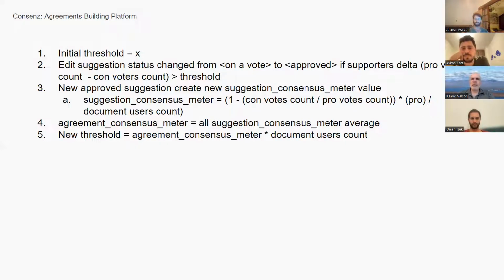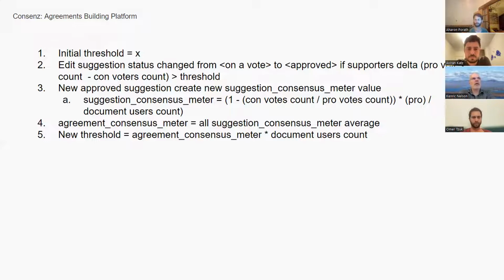So let's pause there for a moment, see if this is understood by the group. So you have kind of two processes going on at the same time. You have the process of approval, in which you have to exceed a threshold, but then you also have the threshold being adaptive.